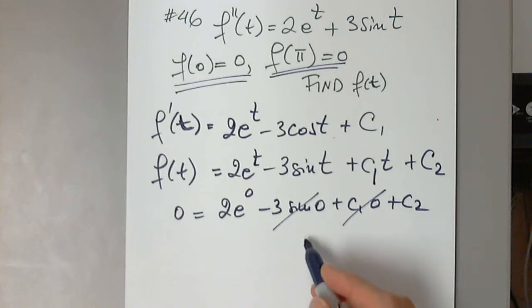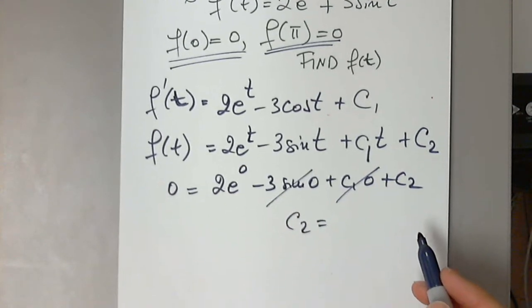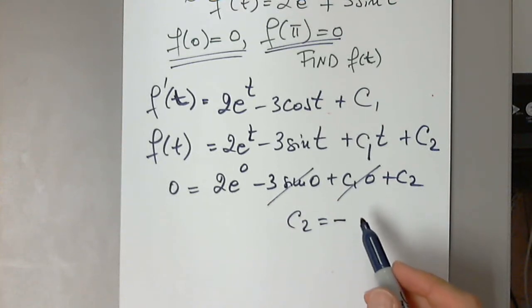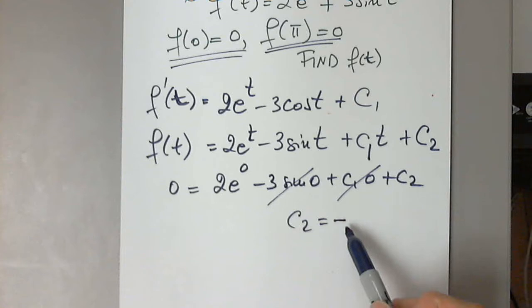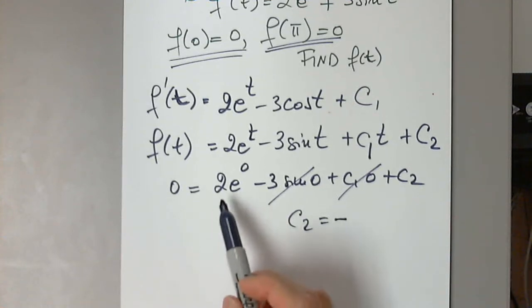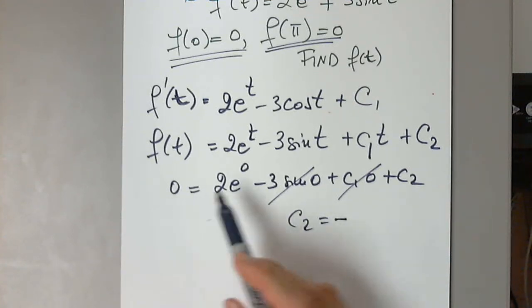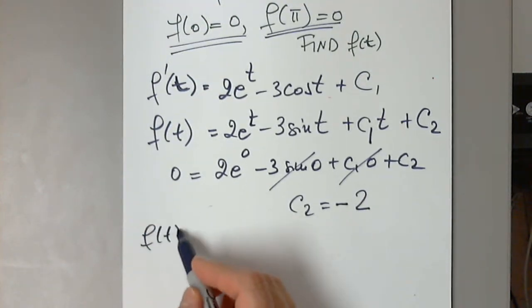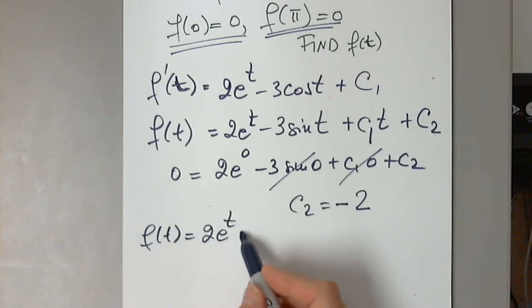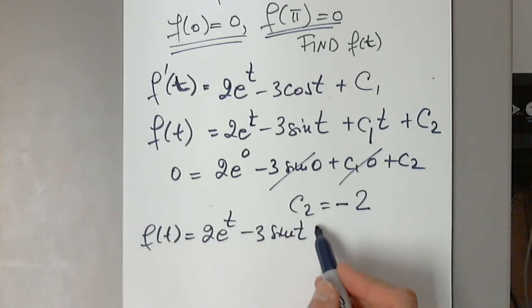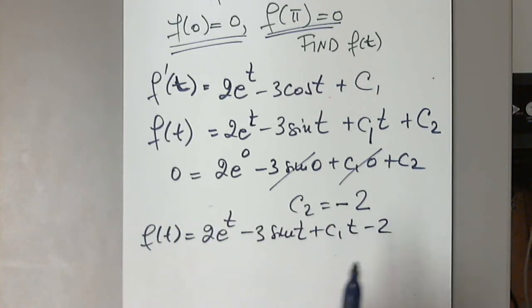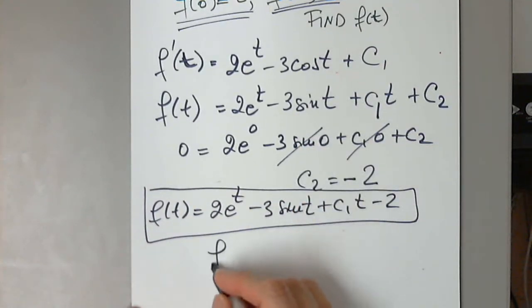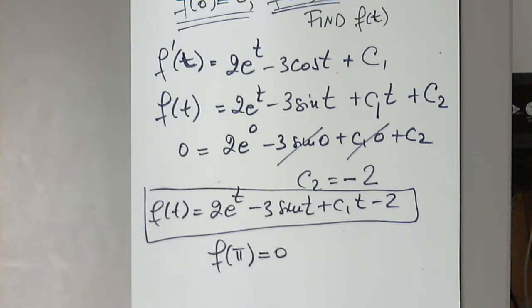So when I move it to the other side, c2 becomes negative 2. Do you all agree with negative 2? Okay, so then f of t is 2e to t minus 3 sine t plus c1 t minus 2. We still have a variable in there, but we are also given that f of pi is 0.